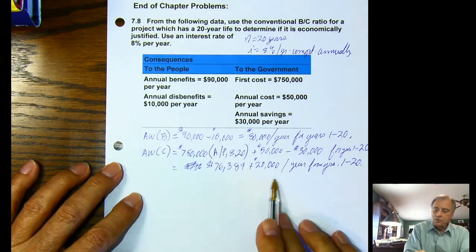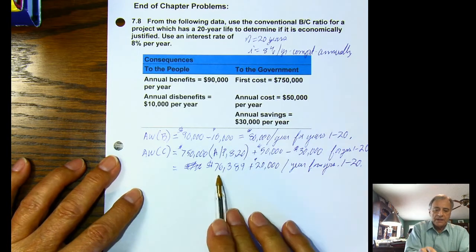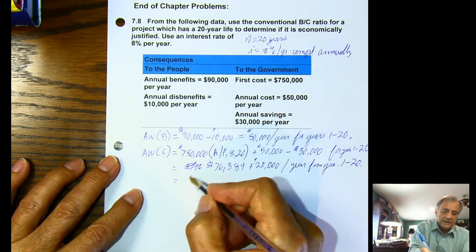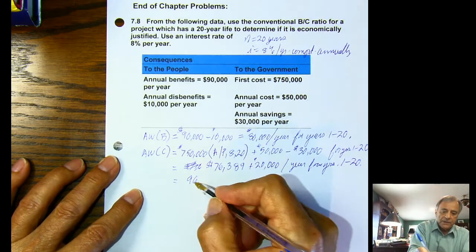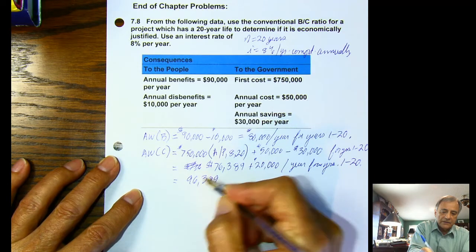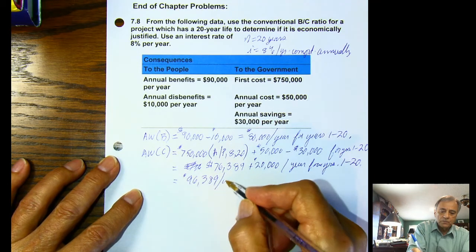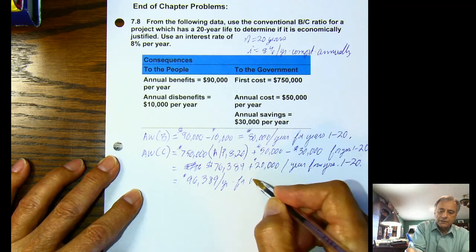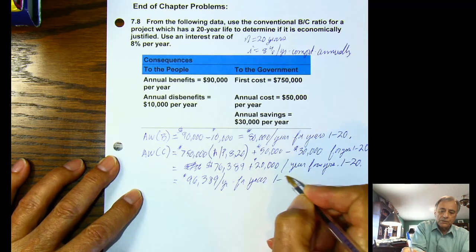So when we add the 20 to the 76, we get $96,389 per year for years 1 through 20.